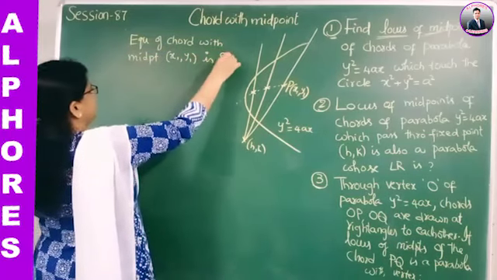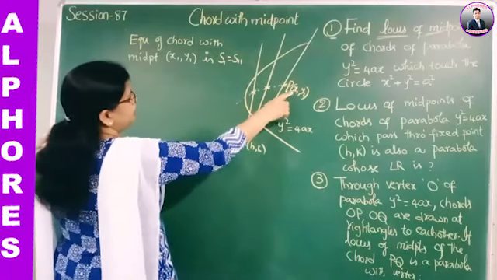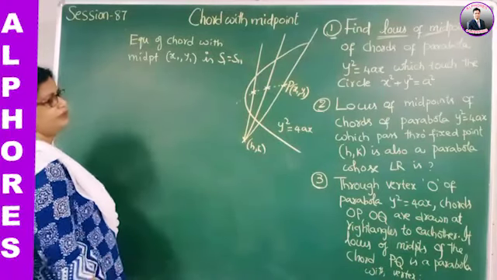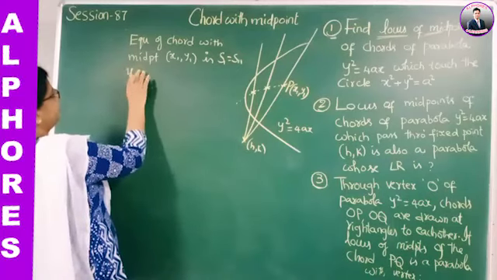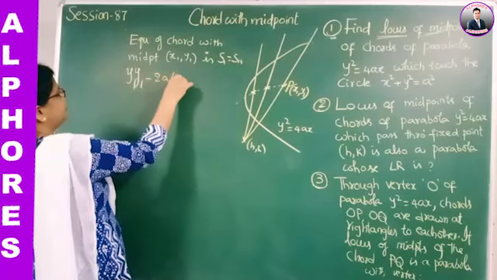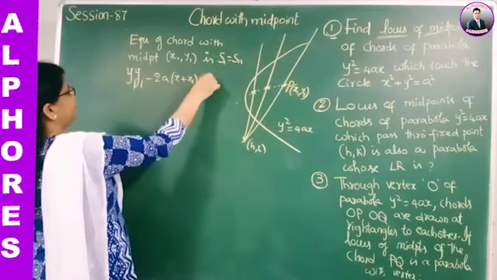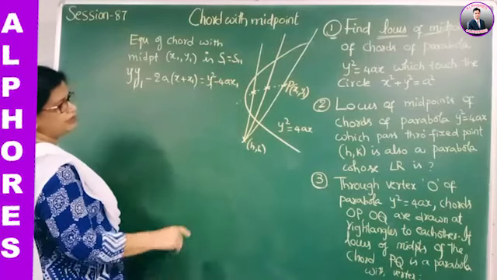So this is our equation, and this is our locus point, since one of the points we have taken as (x1, y1). Now the equation is y1 y minus 2a(x + x1) = y1² minus 4a x1.